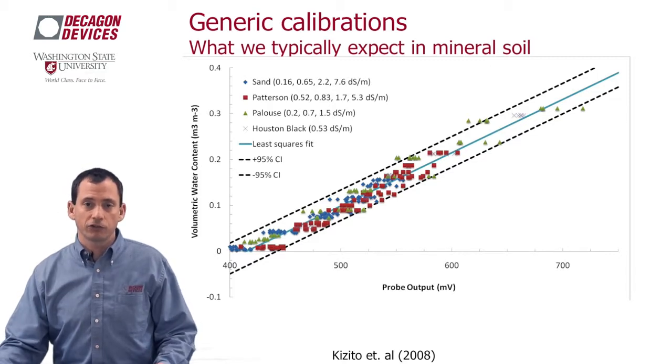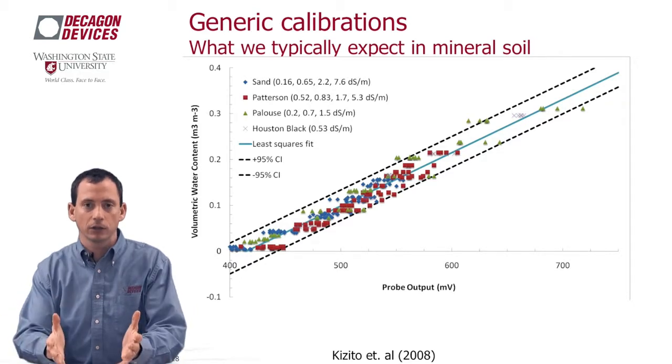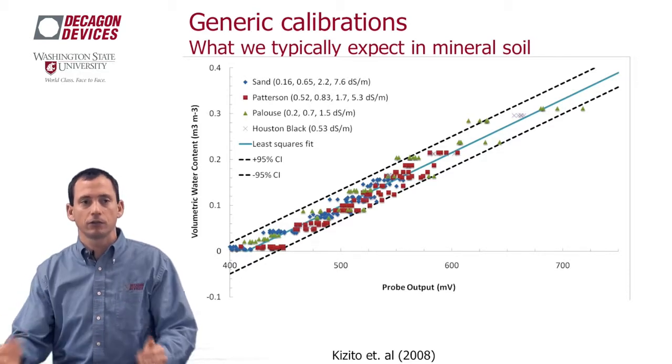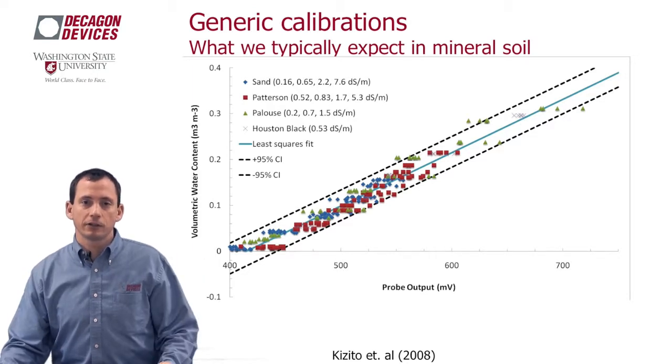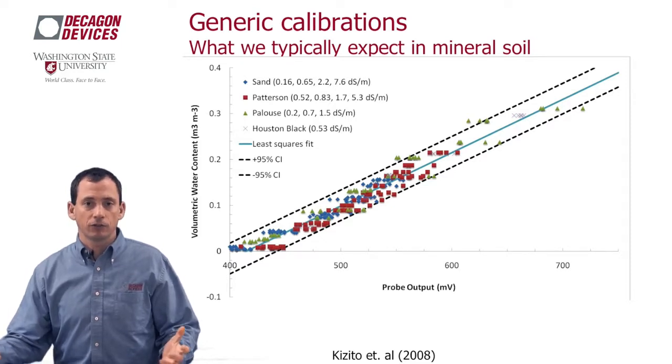And they also demand that we give an accuracy spec. How accurately can we measure water content with these sensors? You can see here that 95% of the time you are within plus or minus 3% volumetric water content in a range of typical soils.